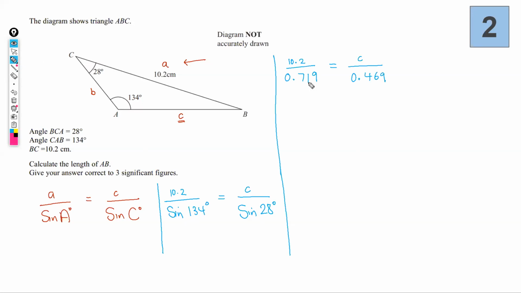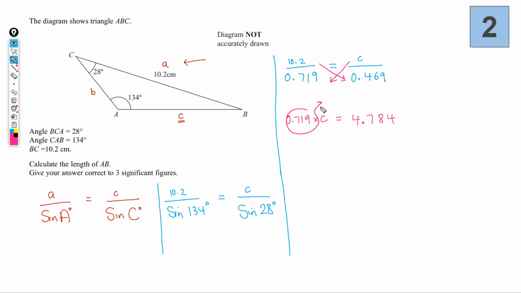Let's cross multiply. 0.719 multiplied by C, that's this diagonal, and now the other diagonal, 10.2 multiplied by 0.469. I'm getting 4.784, if I round off properly.